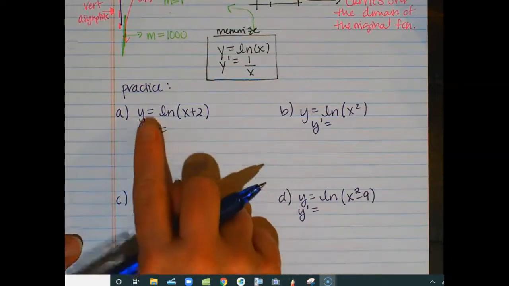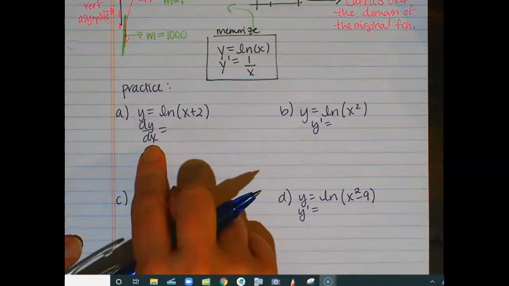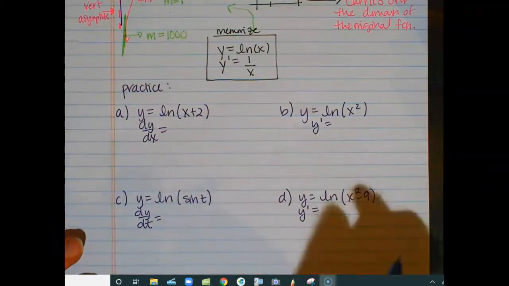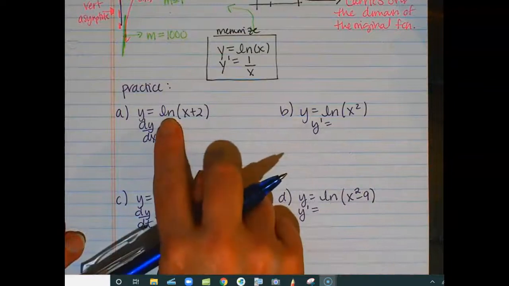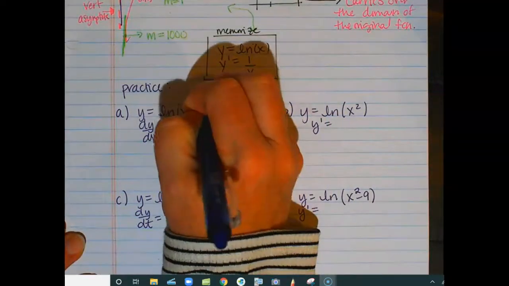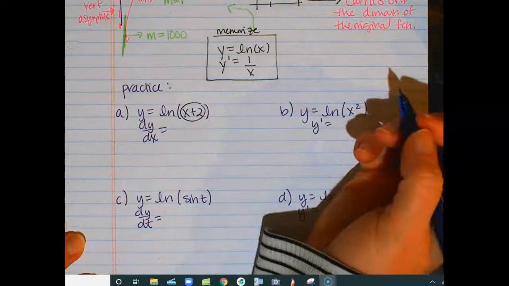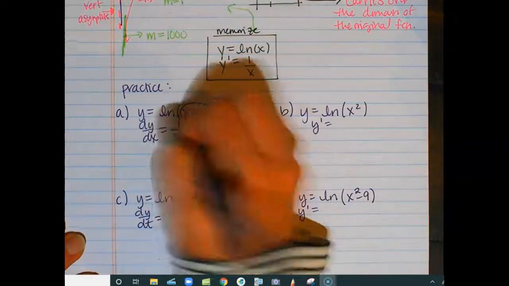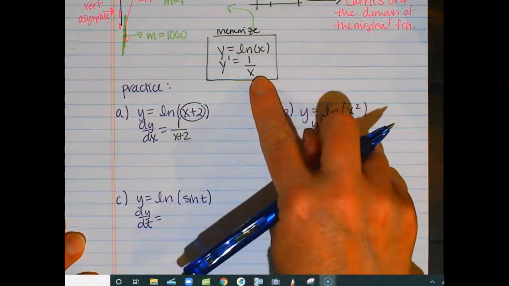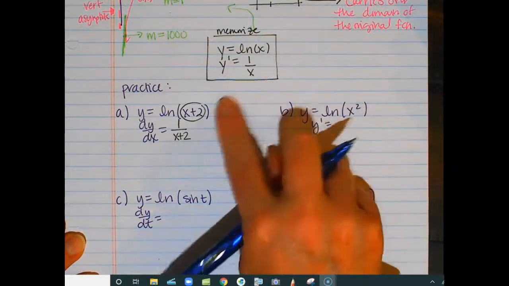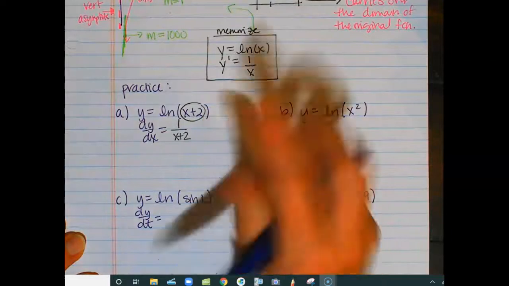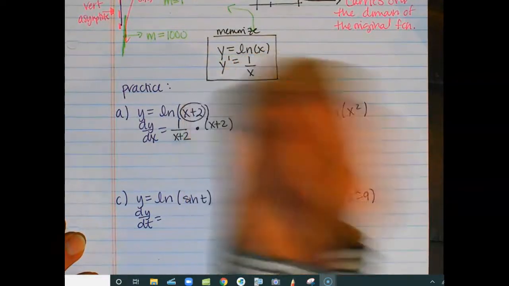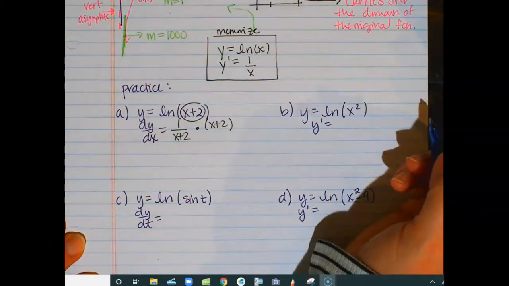Instead of y prime here, I've got the derivative of y with respect to x. And what that means is we're going to take the derivative of the outside function, which is 1 over whatever's in here. So 1 over x plus 2, that's this derivative, but in a composite form, times the derivative of x plus 2, which in this case is just 1.